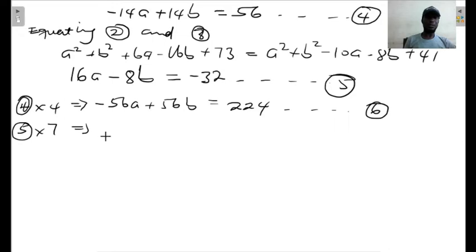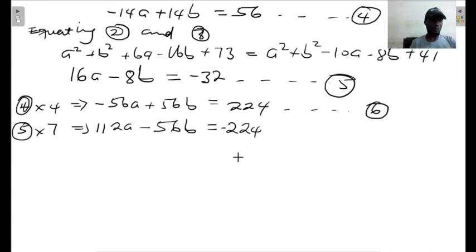Then equation 5 times 7 is going to give us 16 times 7, 112a minus 8 times 7, negative 8 times 7 is 56b negative, of course, then equal to negative 224. That is negative 32 times 7.